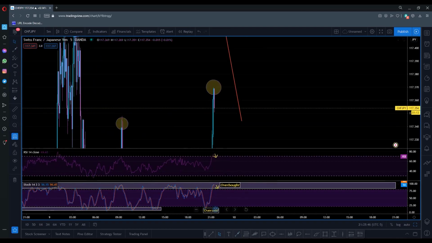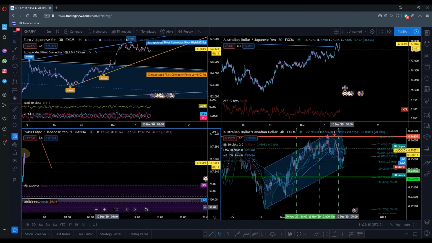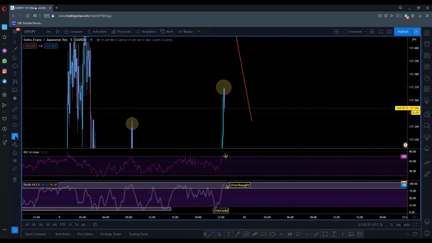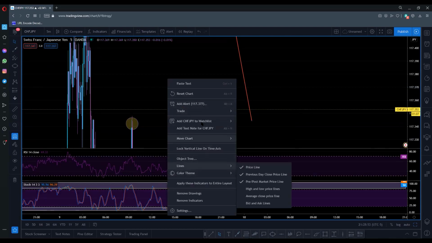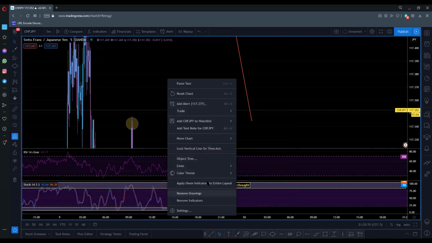So this is giving us more evidence that there is a wick exhaustion, there is a price exhaustion.